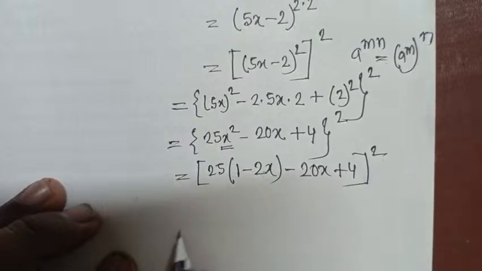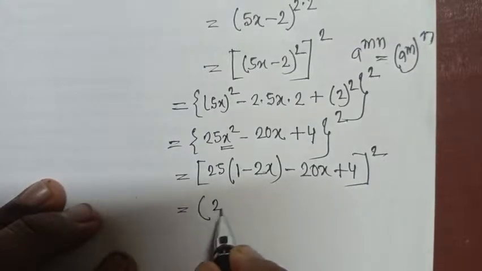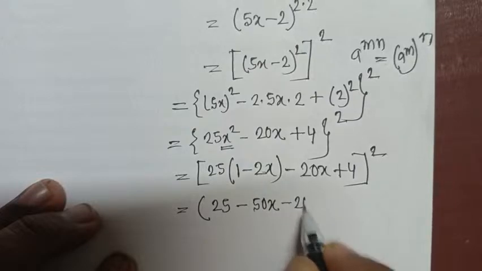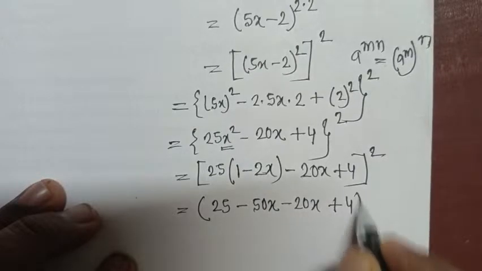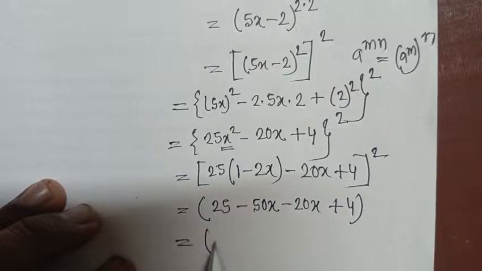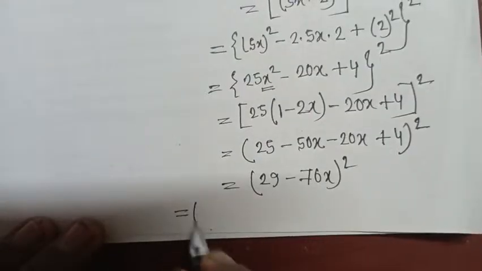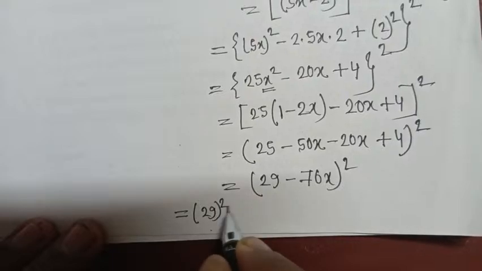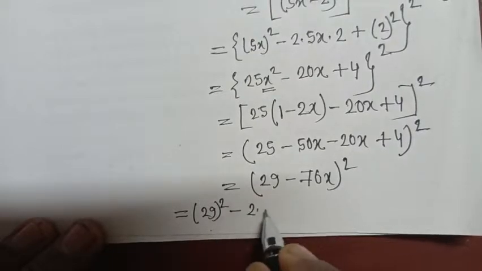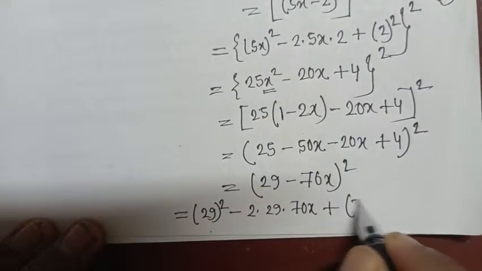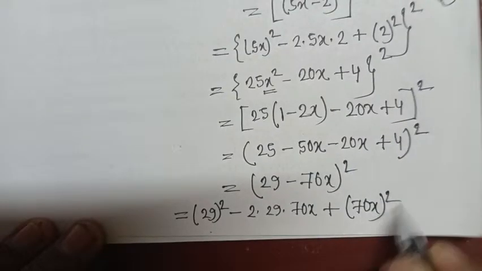Now that will be 25 minus 50x minus 20x plus 4. Now if we simplify, we get 29 minus 70x square. Now if we put this as 29 square minus 2 into 29 into 70x plus 70x square.